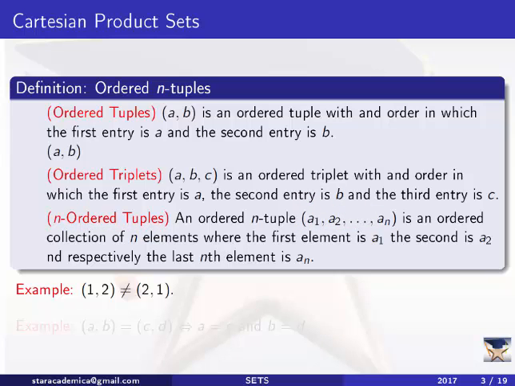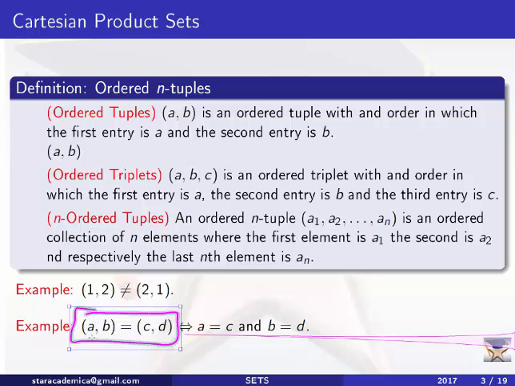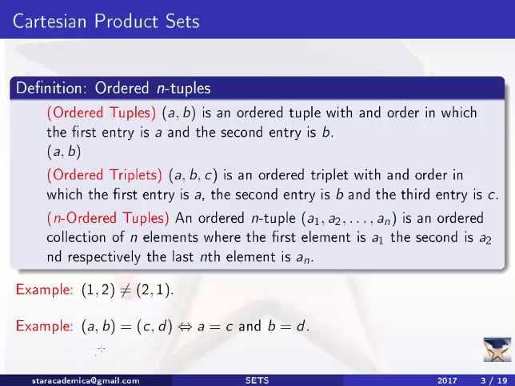Let's look at an example. Since the order is important, if we have (1, 2), this is different from (2, 1). They are different things, because in the first position we have 1 here and 2 here. If two tuples are equal, like (A, B) is equal to (C, D), then the first entries must equal each other.